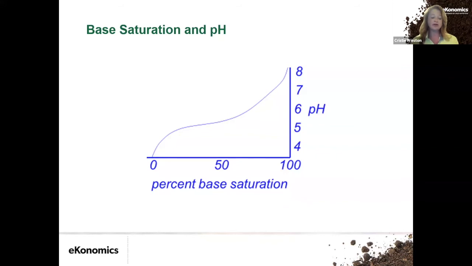But at lower pHs, you're seeing a saturation of hydrogen ions on the soil surface, and the pluses of the hydrogens and the cations repel each other, so your base saturation is not as high. So liming is a process where we are displacing the hydrogen within the soil to increase the pH.